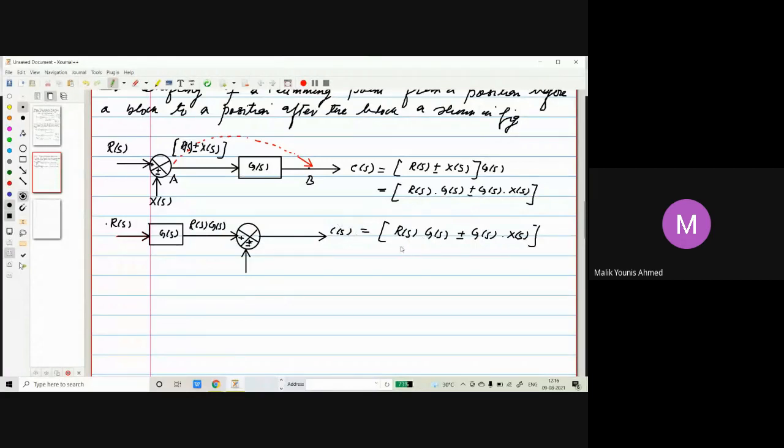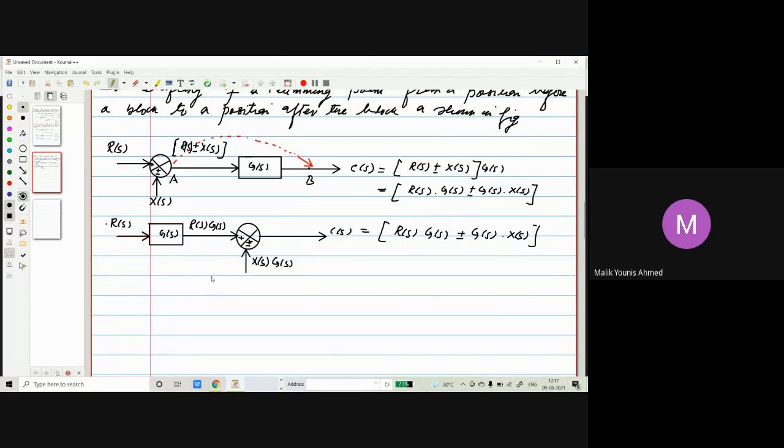R of S, G of S plus, so here it should be G of S, X of S, this signal. So the sum of these signals will become, so it is very clear that here it is X of S, G of S. This signal going to here will be X of S, G of S, so that output will become this plus this, so that we are getting.